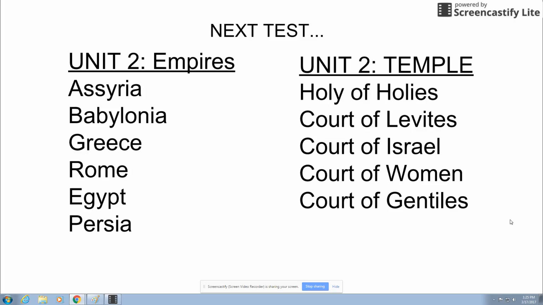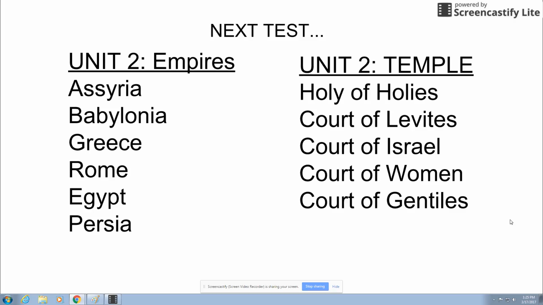That's going to set us up for Unit 3 when we come back from spring break. And I'm just kind of introducing this. We're going to talk about them over and over again, but you need to have good definitions for the six empires.